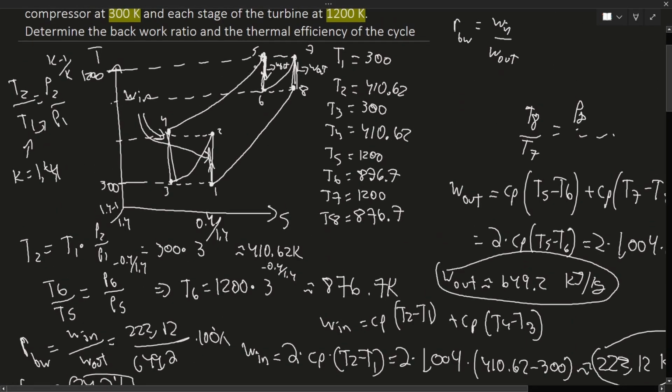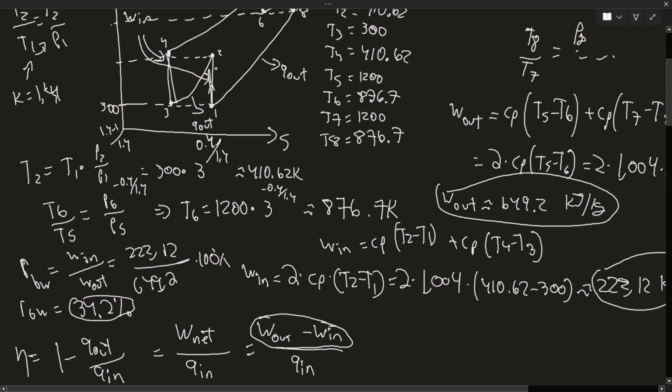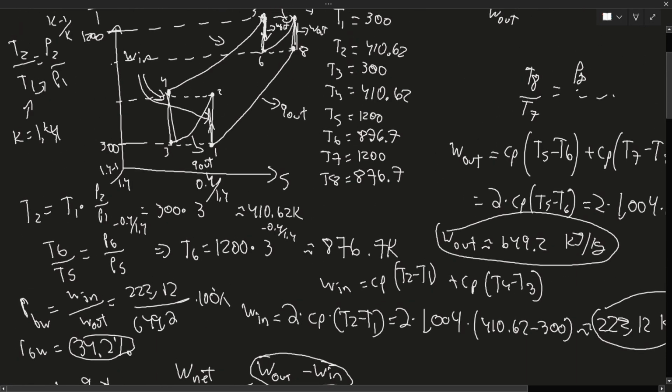Wherever you see a curved line like this, that's wherever heat enters or leaves, okay? Wherever you see these two curved lines over here, like for example, this is Q out, because it's curved lines. All right. Q out is equal to Cp times (T8 negative T1) plus Cp times (T2 negative T3). I can't just do 2 times Cp because these lines over here are not the same.